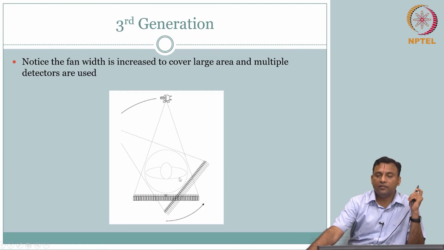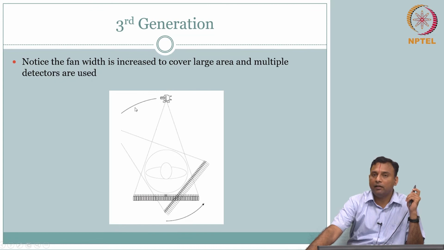So the idea is fantastic. This is a good advancement where I have reduced the time even more significantly. But the natural question is, what happens to the quality? Are you losing somewhere? Well, you notice even in the second generation, when you had multiple lines, you had to use a collimator.